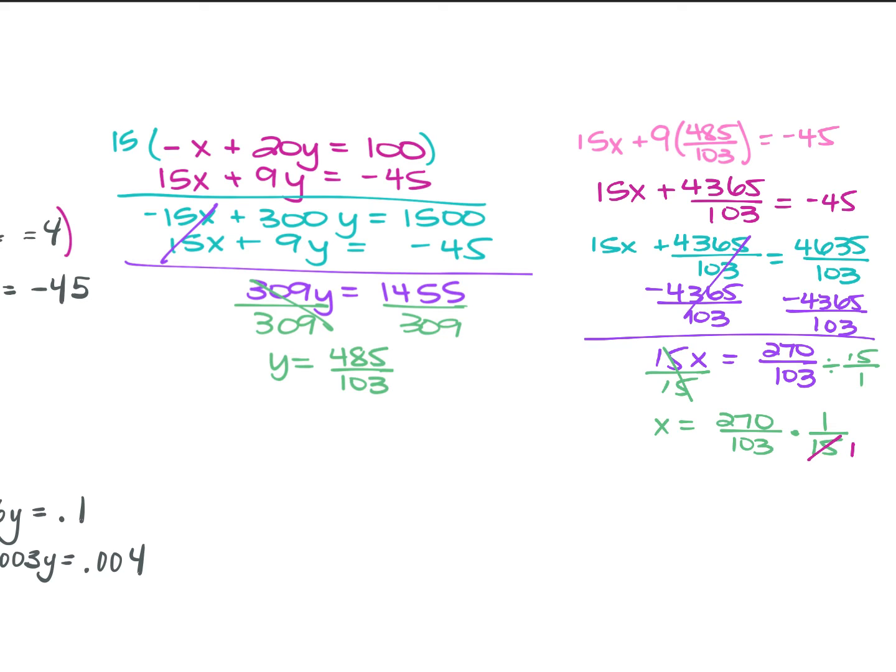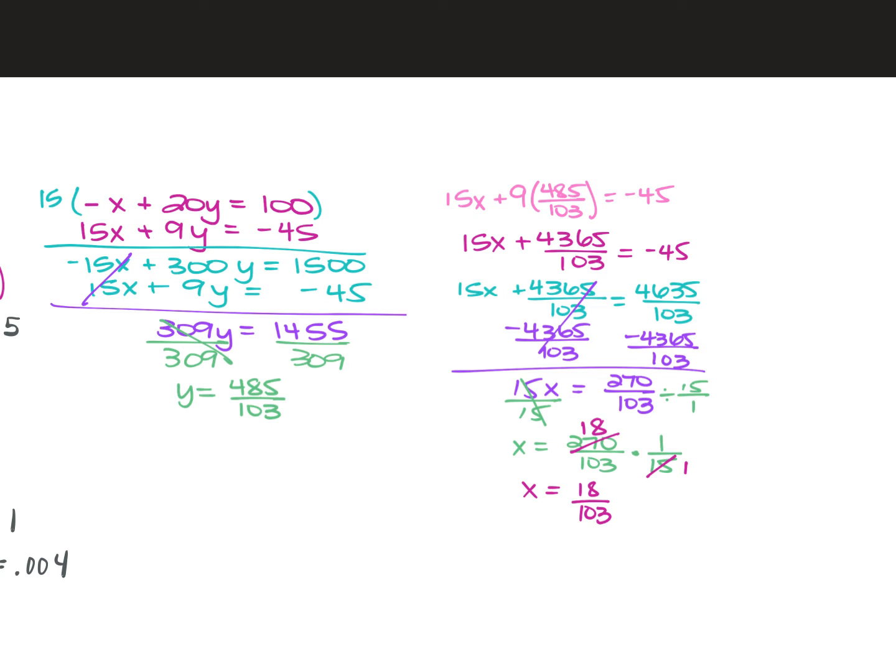So let's do that. This becomes a 1. This becomes an 18. So x is 18 over 103. So if that is your x and your y is the 485 over 103, your solution is 18 over 103, comma 45 over 103.